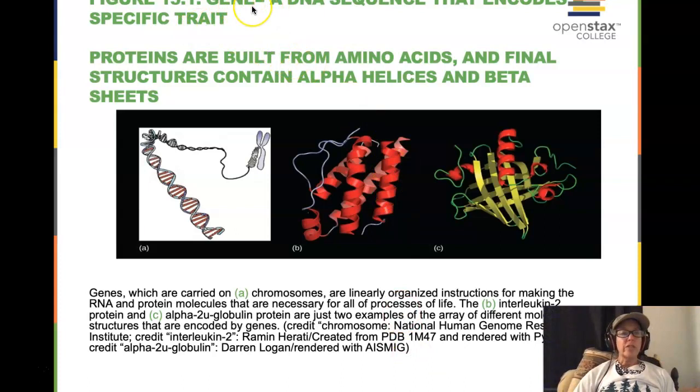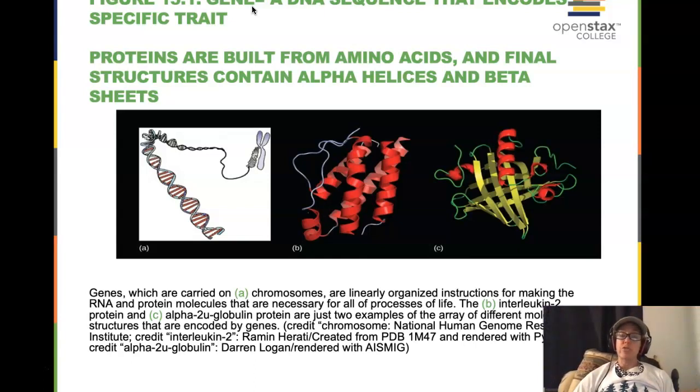And it looks like the title of this got cut off, but this is just reminding us that proteins, the macromolecules, are polymers of amino acids, and that all proteins have those three levels of structure. The primary structure is the sequence of amino acids. The secondary structure is where we have hydrogen bonds holding regions of that polypeptide chain into coils called alpha helices or straight ribbons called beta sheets.